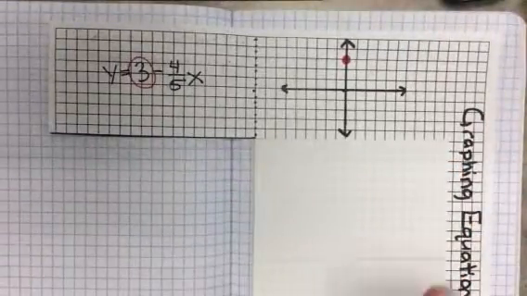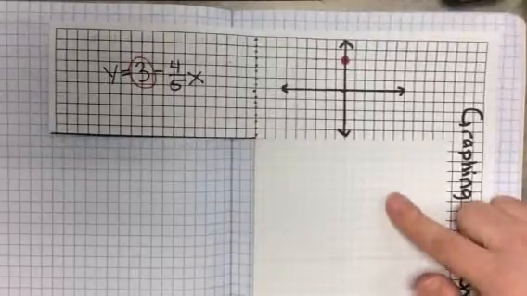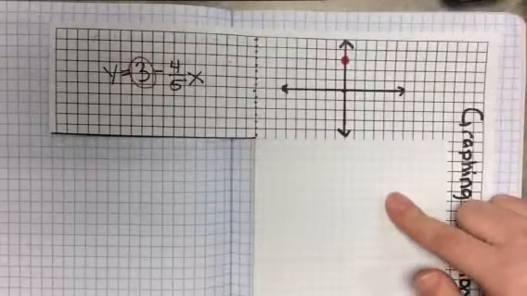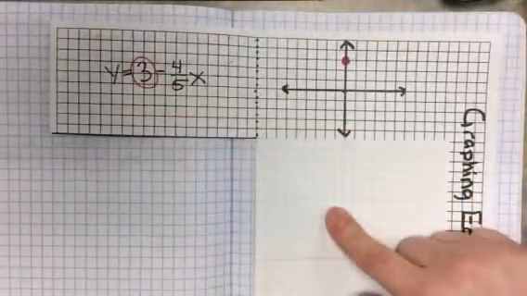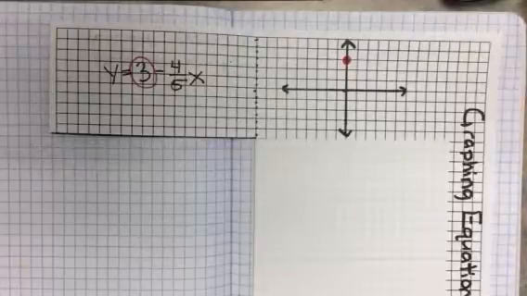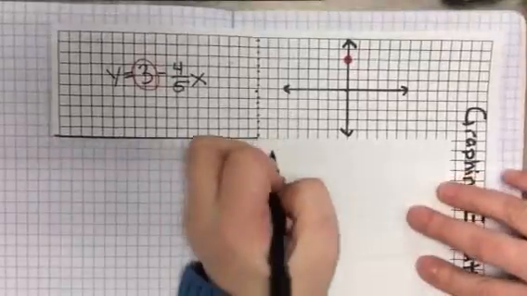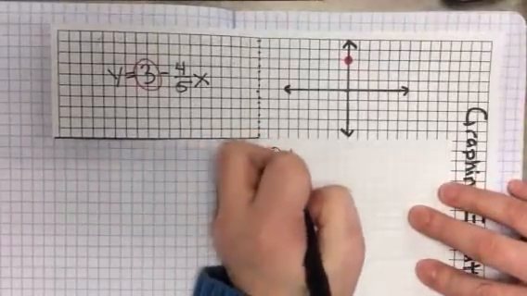The next step involves reversing the process of finding the slope on a graph. I've used my y-intercept. The next thing I'm going to do is use the slope. So we have to figure out what the slope is, and then we're going to use the slope to find some points on the graph so that we know where the line goes. So our second step: identify the slope.